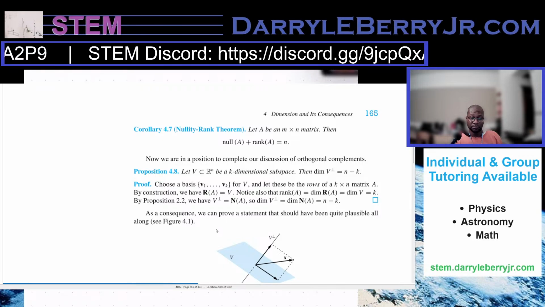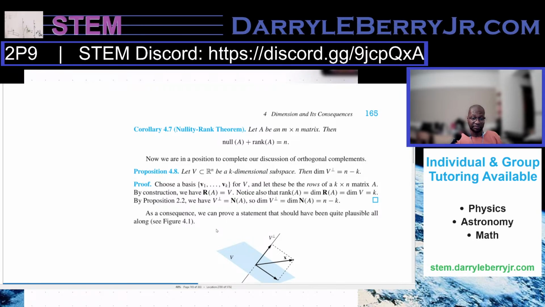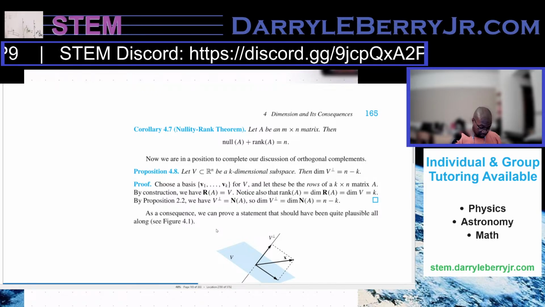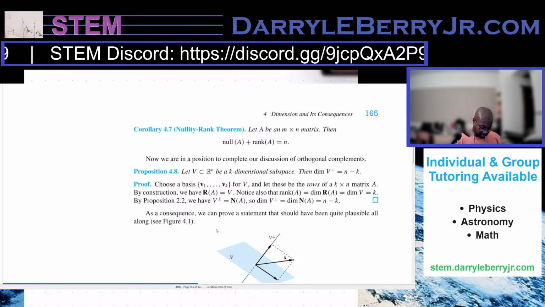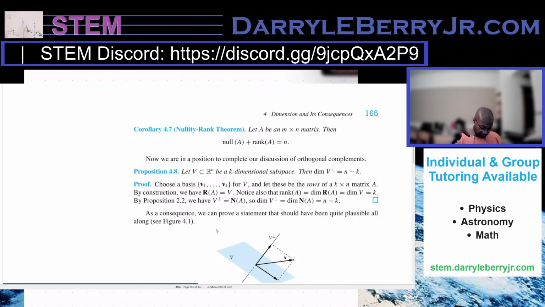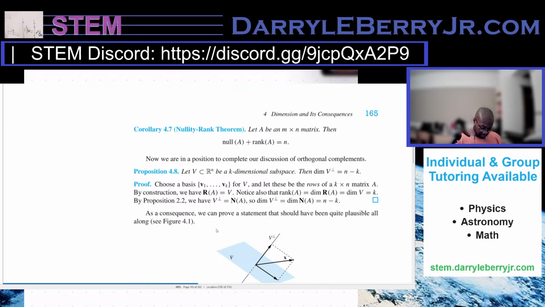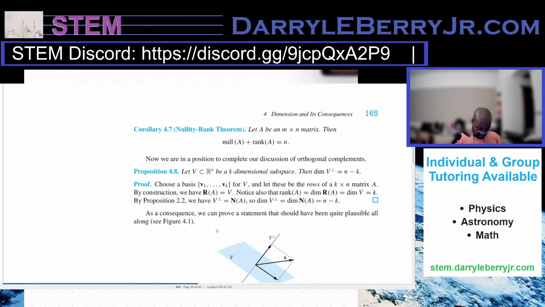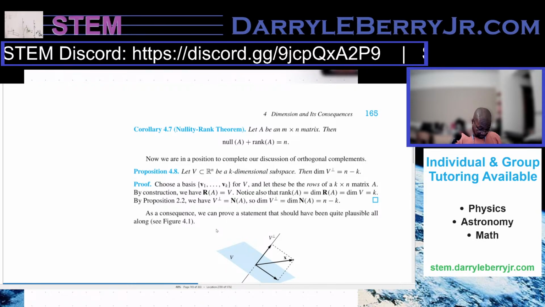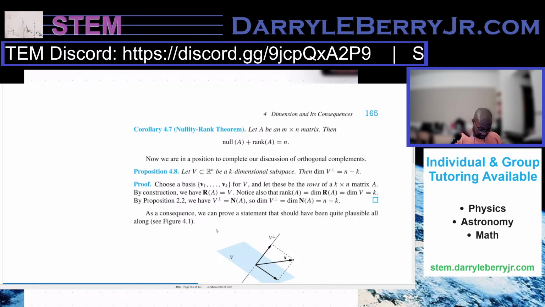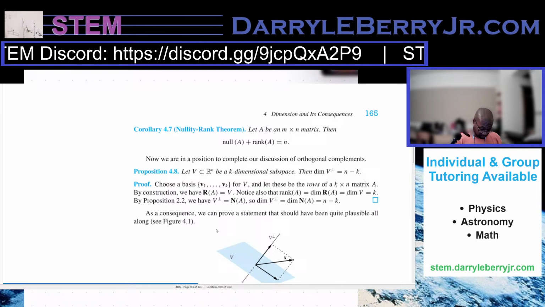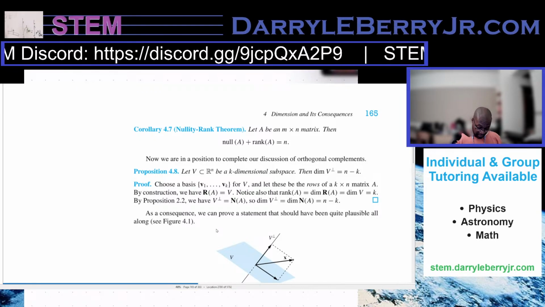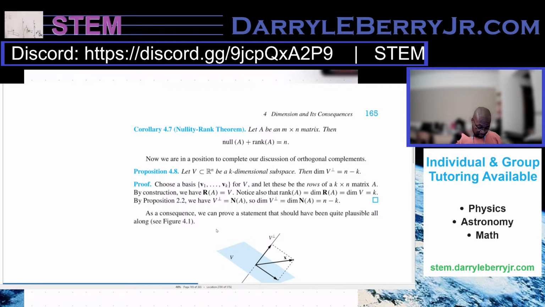So the dimension null A equals the dimension of the null space, plus the rank of A equals n.